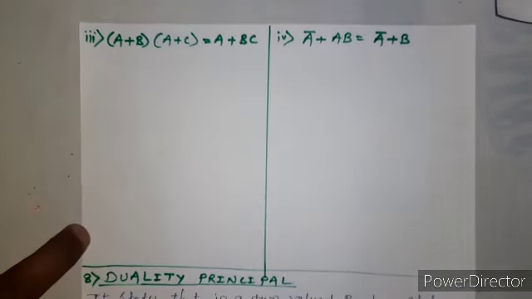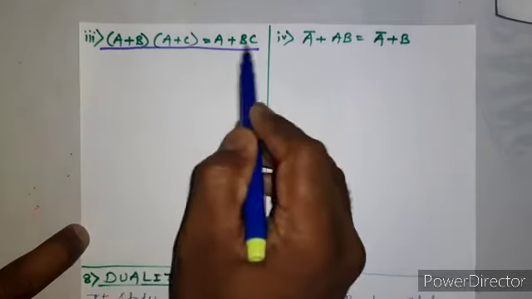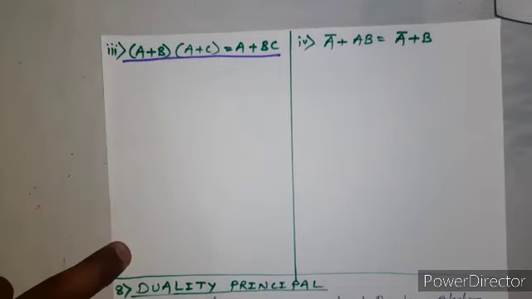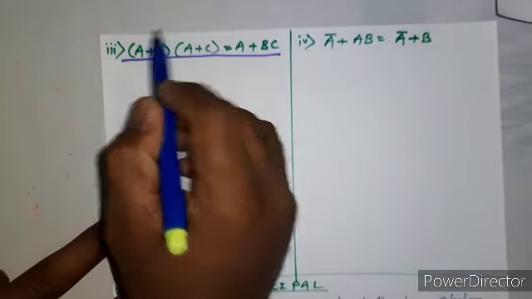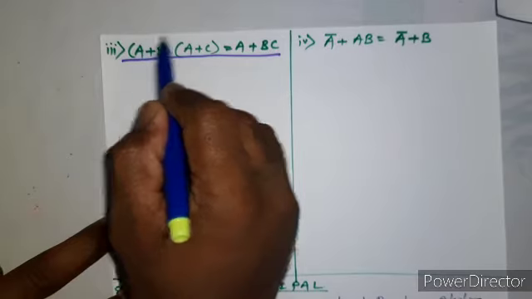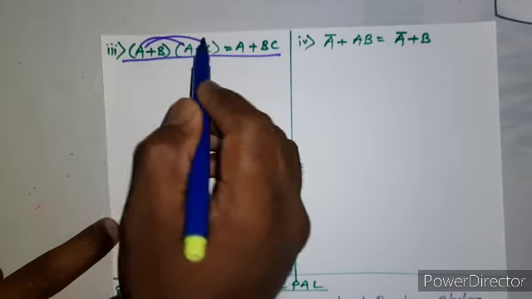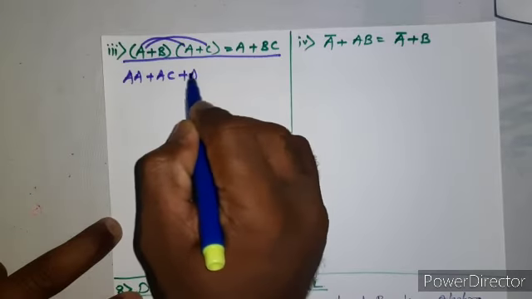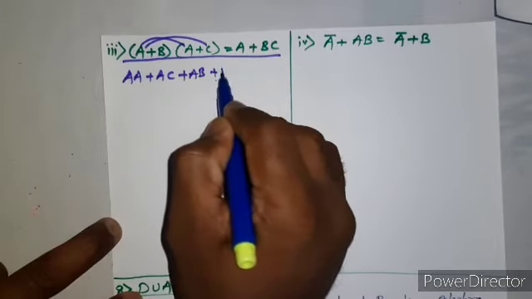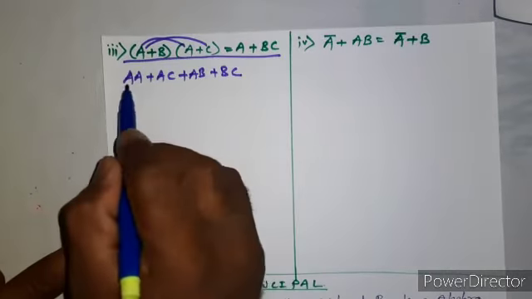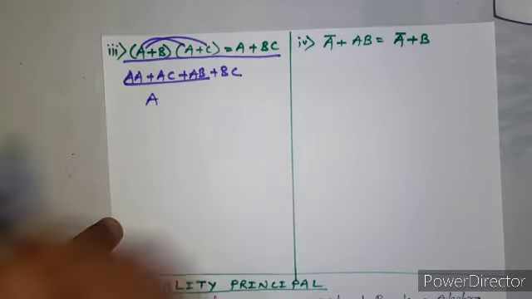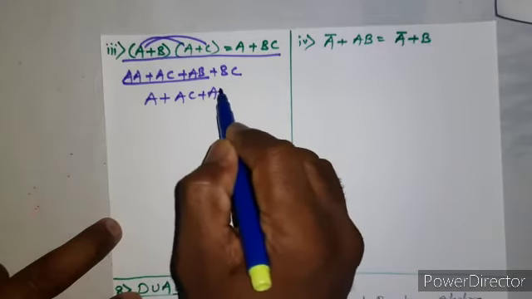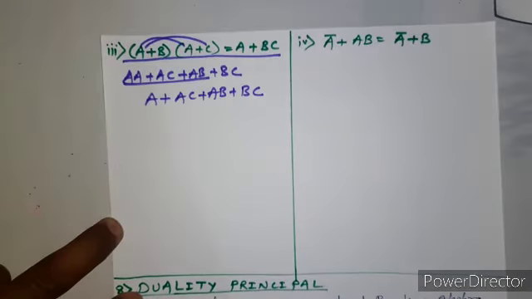Then next is this one. I think we have already proved this. Still, I can try to solve it for you. Multiplying A with A and A with C, this is AA plus AC plus AB plus BC. Now from this, AA becomes A, and we have AC plus AB plus BC.